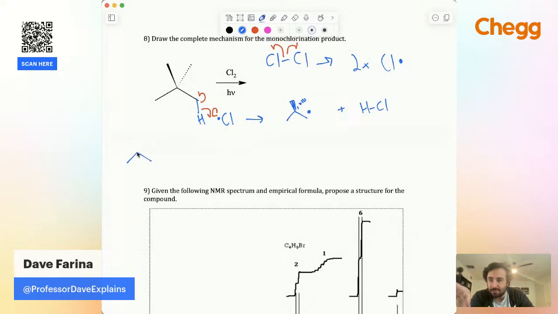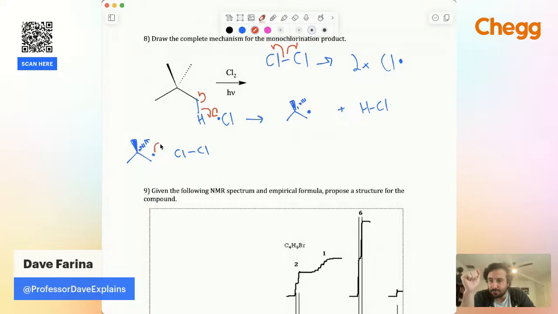Let's just draw this separately. It's going to react with pretty much whatever it finds first in solution. However, chlorine radicals are difficult to form. That's the endothermic step, right? That's the unfavorable step, the homolytic bond cleavage to generate the radicals in the initiation step. So the most likely species for this to encounter is just another molecule of diatomic chlorine.